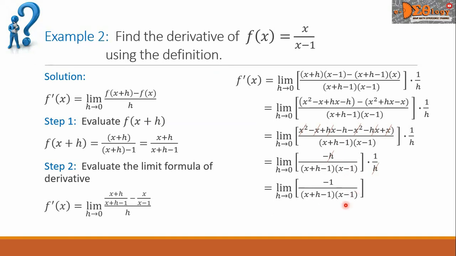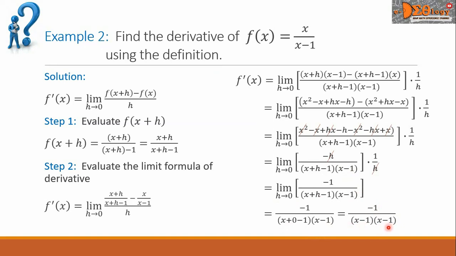Now let us evaluate the limit as h approaches 0. It means we are now to substitute 0 to this value of h. Here we go. Simplifying further, we can now remove the 0 and we can see that this is now negative 1 all over x minus 1 times x minus 1.